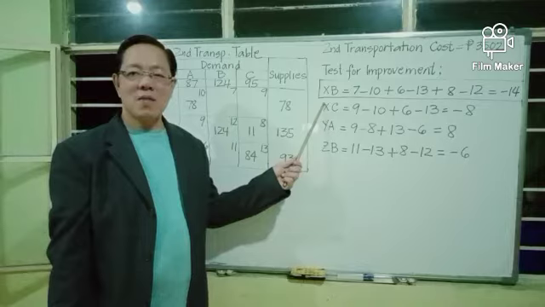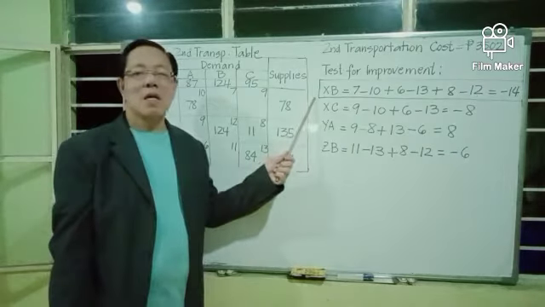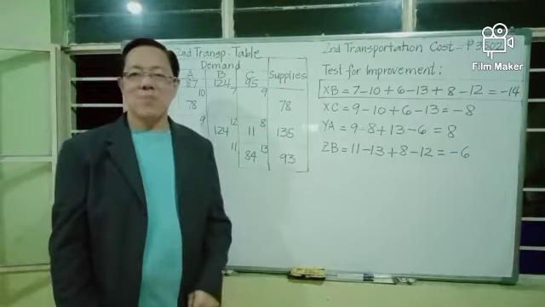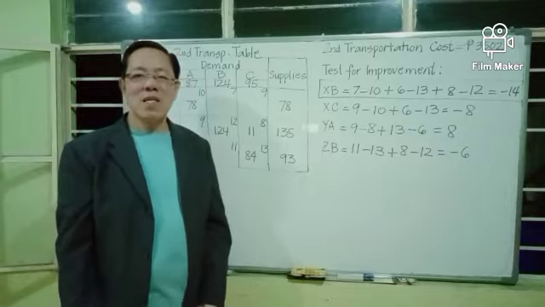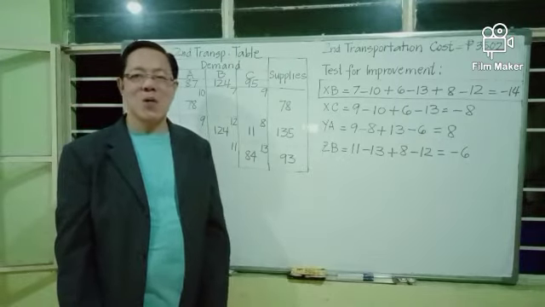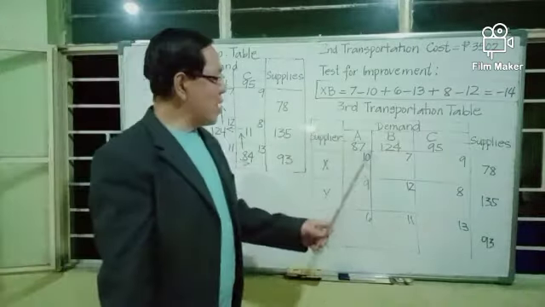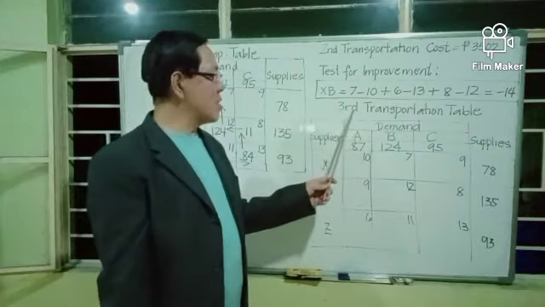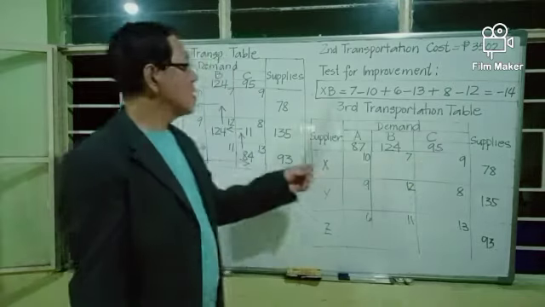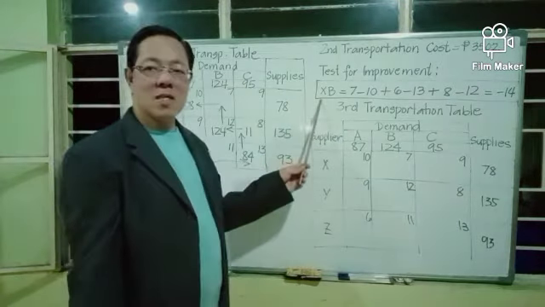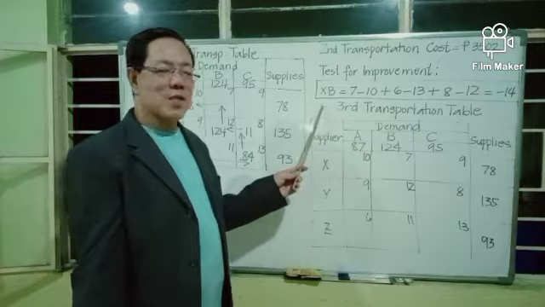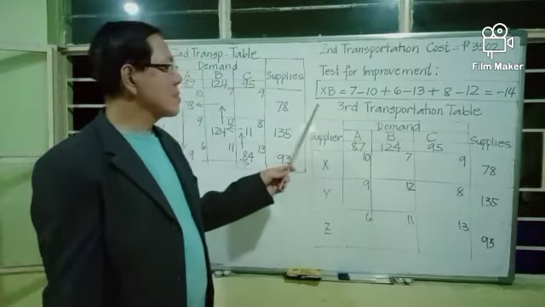Now we know that we have to transfer some units to this vacant cell XB, and we are now ready to develop the third transportation table. We will now develop the third transportation table because we will now transfer some units to the vacant cell XB.